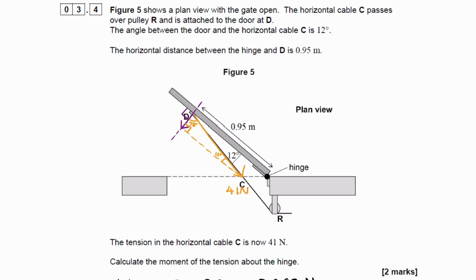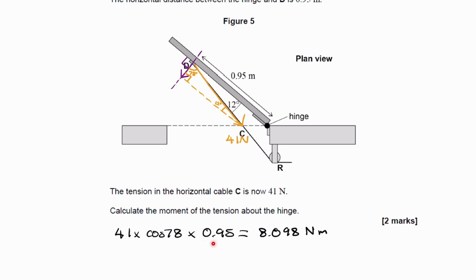Now increasing the distance of D from the hinge, so in other words increasing this distance here, has two effects. So one, obviously this distance is bigger, so in our calculation when we times by 0.95, that will increase our moment. But if we pull point D further away from the hinge, we'll also decrease this angle here. And if we decrease this angle here, then we will be decreasing the component of the force perpendicular to the door.